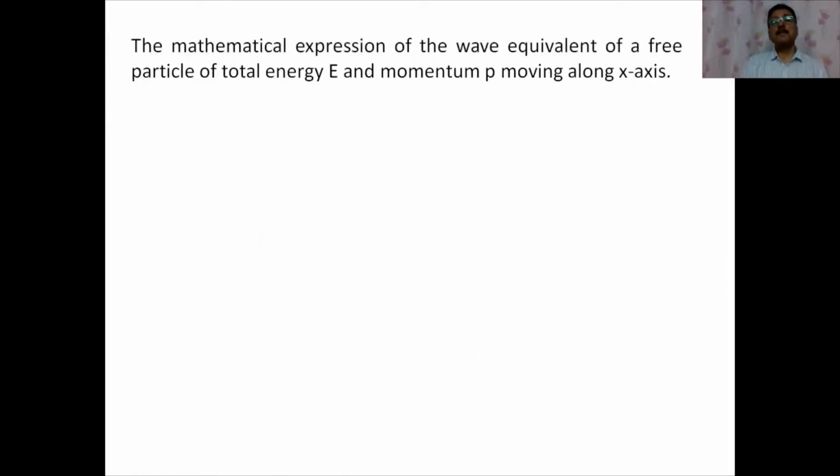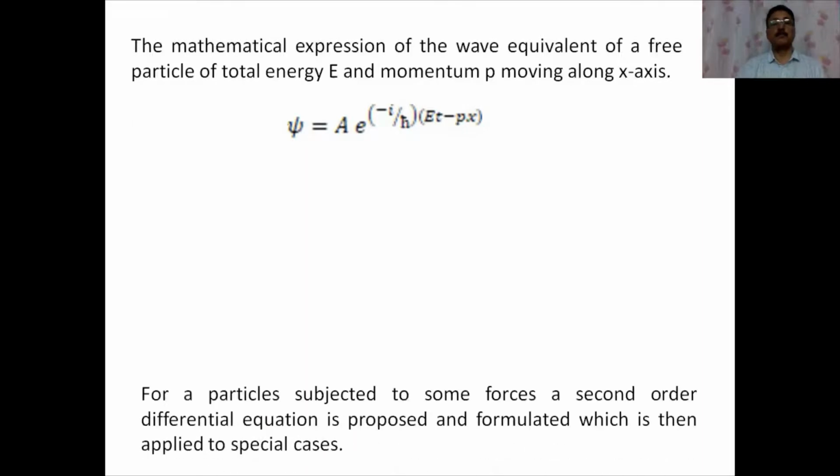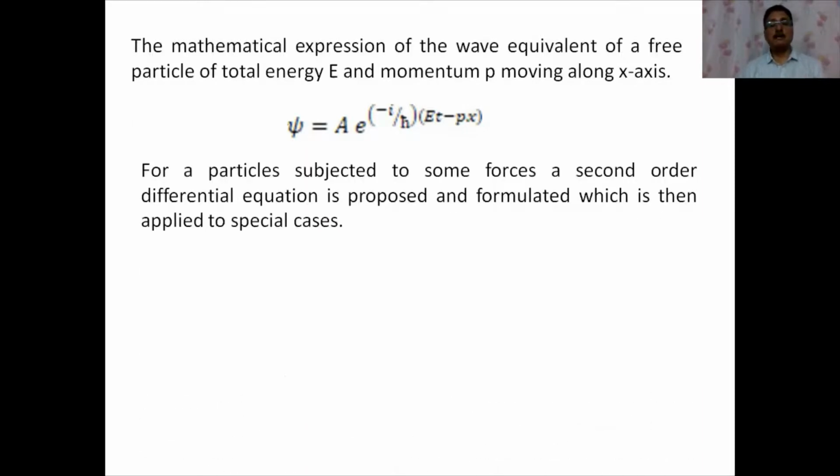Now, the mathematical expression of the wave equivalent of a free particle of total energy E and momentum p, as we had seen a couple of slides back, moving along the x-axis, is given by psi is equal to A exponential minus i by h cross (Et minus px). Now, for a particle subjected to some forces, a second order differential equation is proposed and formulated, and then that is applied to the special cases.